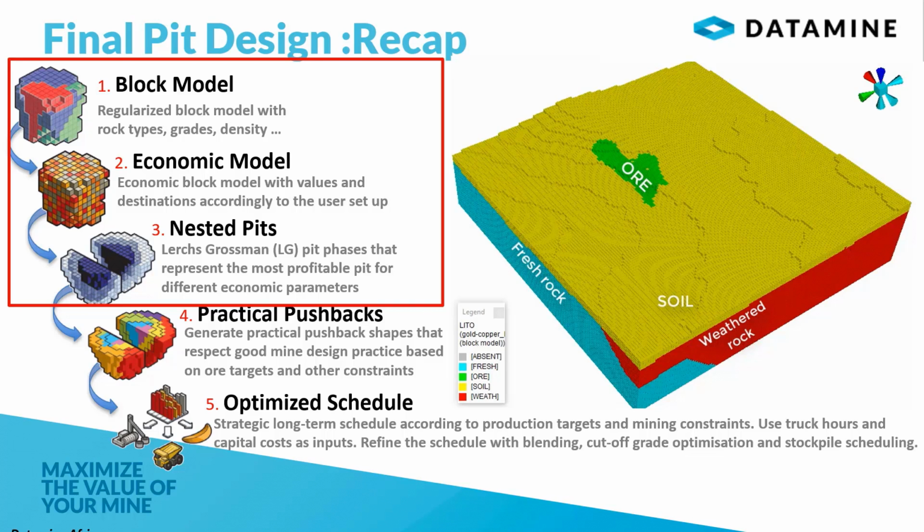So on this exercise, we're going to take over from there. We are going to design the ultimate pit using the pit shell, or the nested pit, that Haja has selected as the ultimate pit based on the NPV.